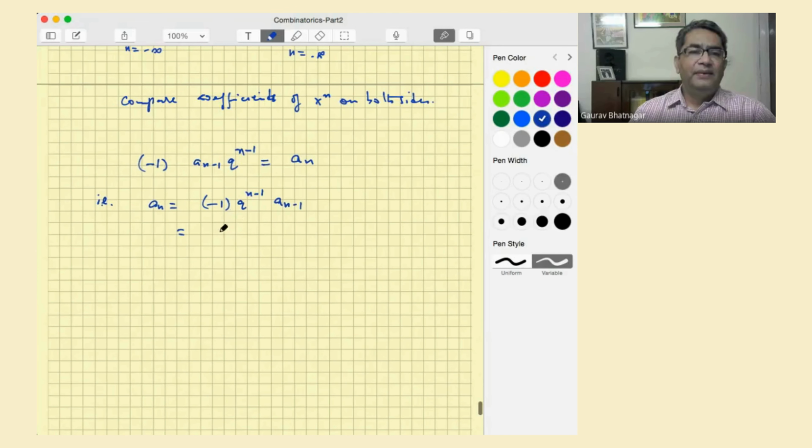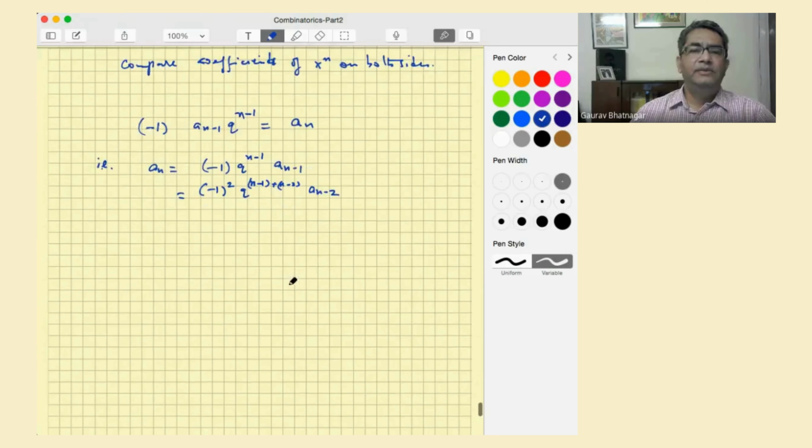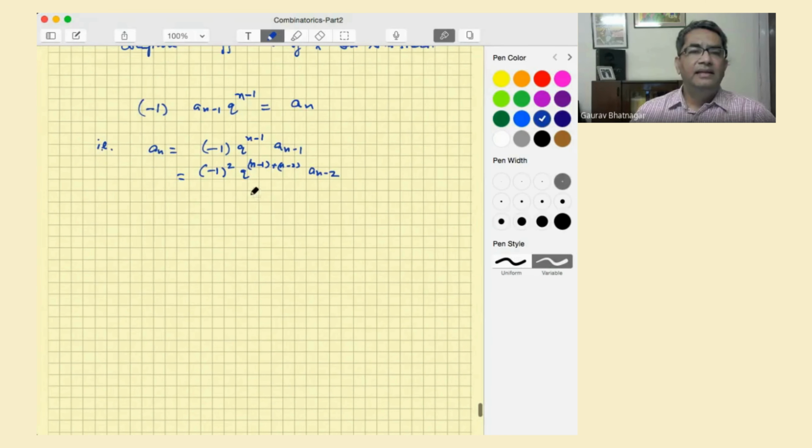So, all right, what's the next step? You do q raised to n minus 1 plus n minus 2 and replace a_{n-1} by that. So this is there. And keep going on until you get a_0. So what will you get here?